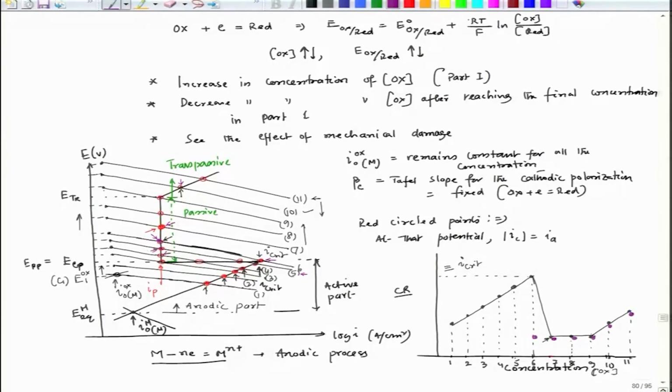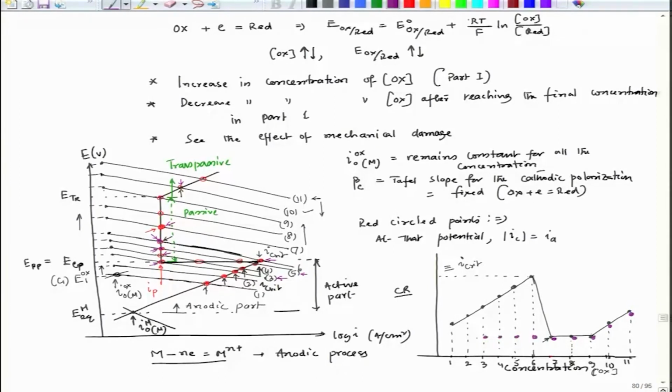Similarly, it will be here for 4, and for 3, I could see that it is just at the I passive to active transition zone, but still it is having a cut point at the I passive section and it is not disturbed. So 5 will be here, 4 also here in the I passive zone, and 3 will also stay here.